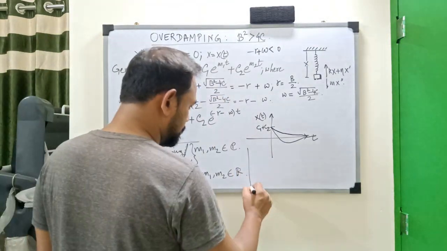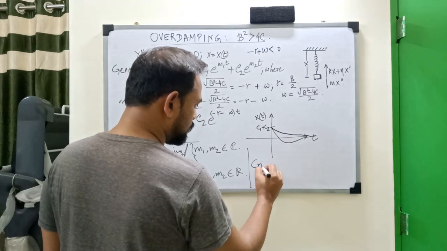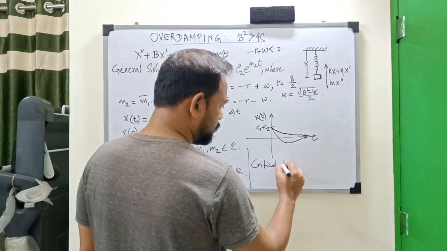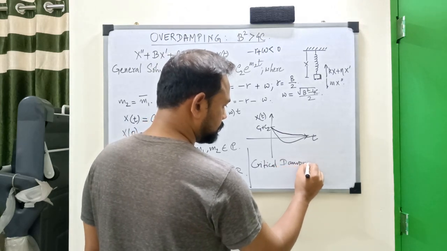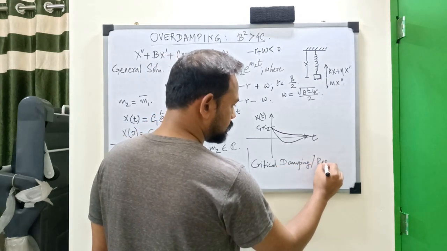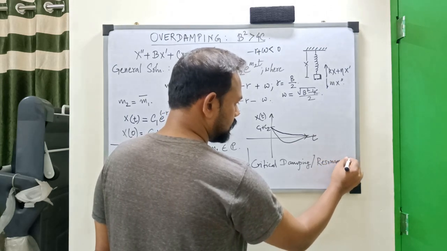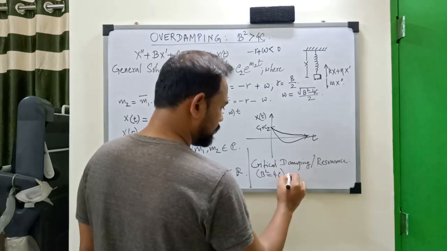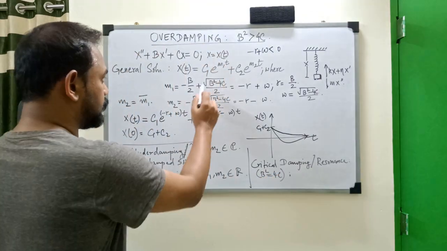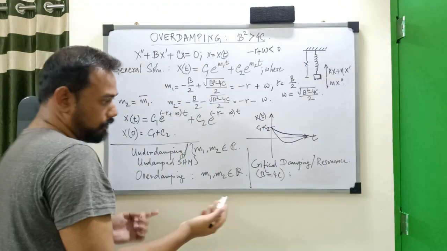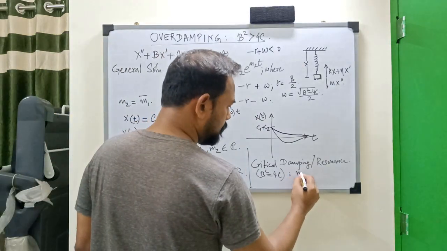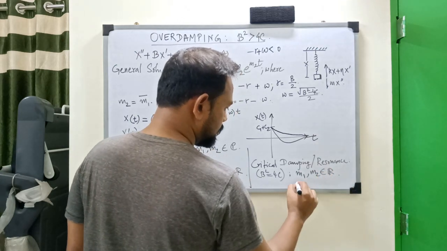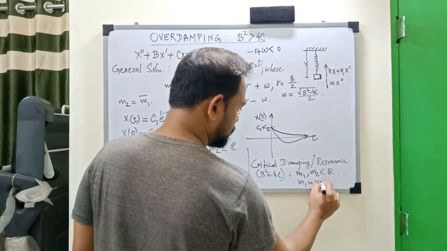So in the case of critical damping, just want to give a note here, critical damping or resonance, that's the case when b squared is equal to 4c. In this case, this is 0 and this is 0, so they're both equal but real because b is real. m1 and m2 are real, but m1 is equal to m2.